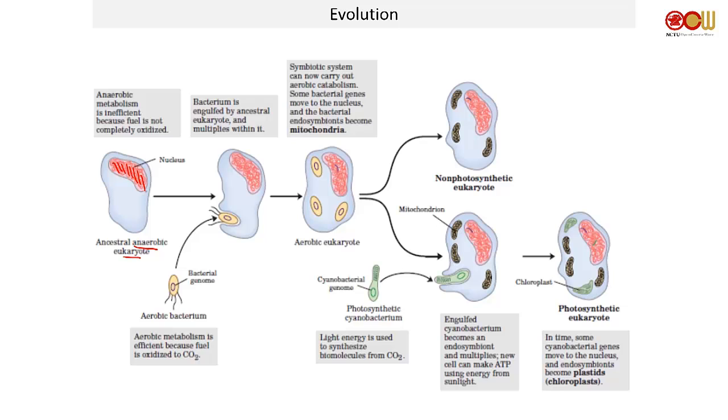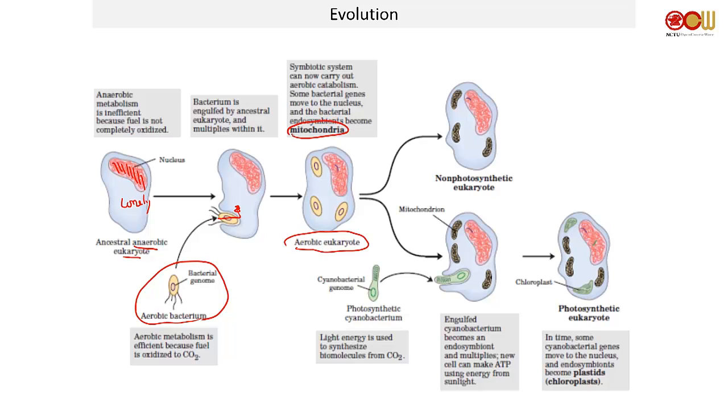And then this guy is lonely, and it wants a friend, an aerobic bacterium. So the eukaryote decided to eat the bacterium, and they just live together. And you get your aerobic eukaryote. The eukaryote is now aerobic because it has mitochondria.